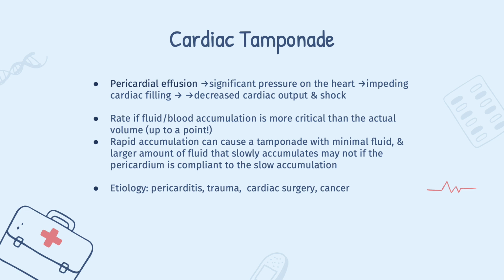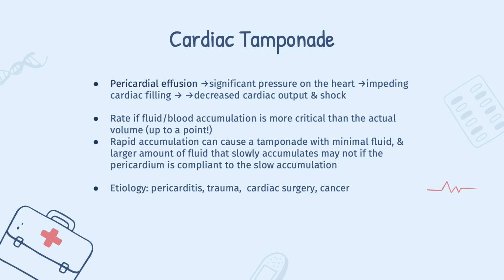What's important to know here is it's actually the rate, the speed, of how quickly that fluid or blood is accumulating within that pericardial sac that is more important than the actual volume. And I'll say that up to a certain point.